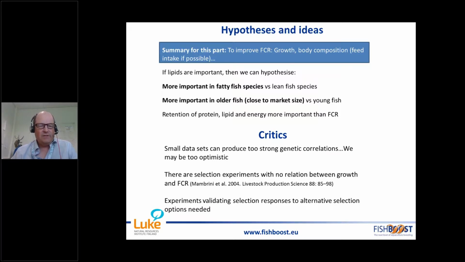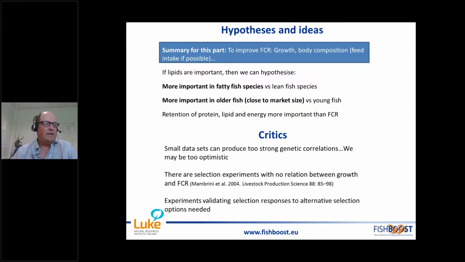Some of them are done with wild fish, and it may be because, in wild fish, when you select for growth, the first trait to respond is, for example, feed intake. They are not feeding maximally in the wild, and feed intake responds very rapidly without any change in the physiology of the fish. We don't know exactly.